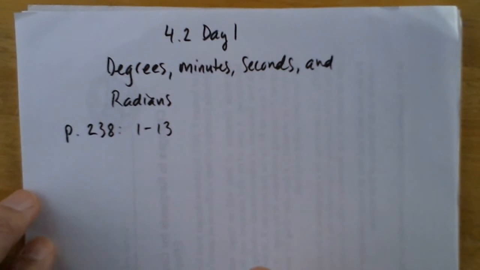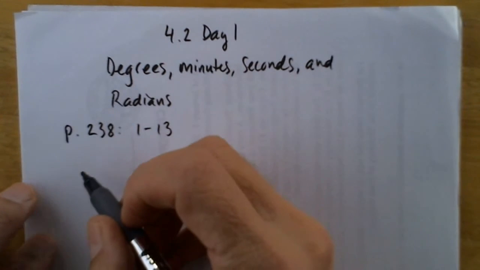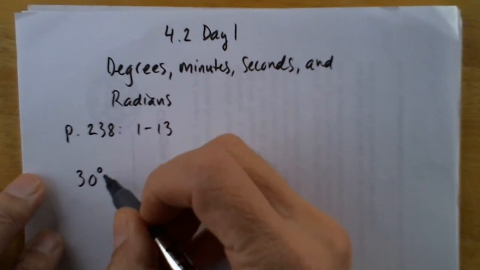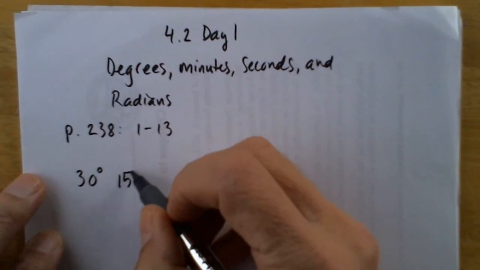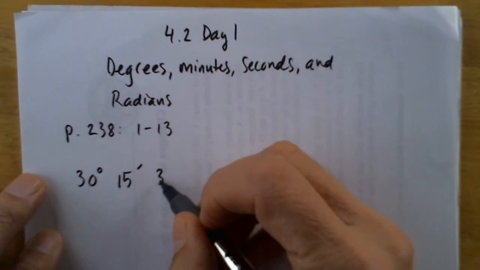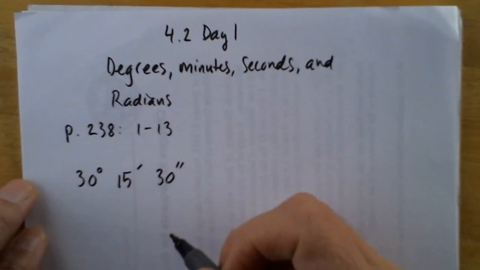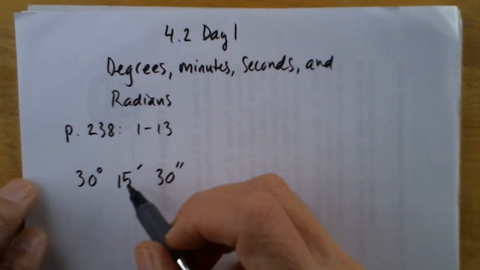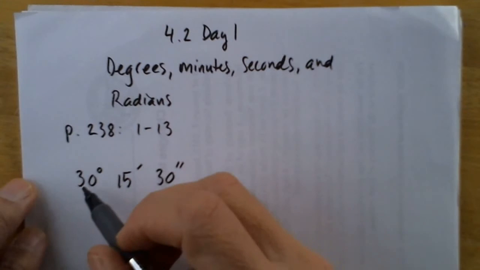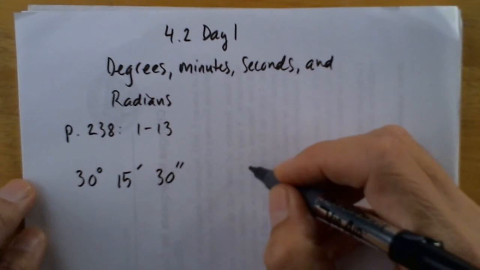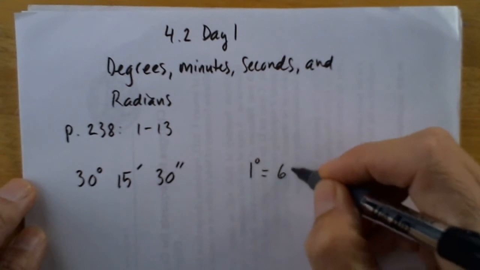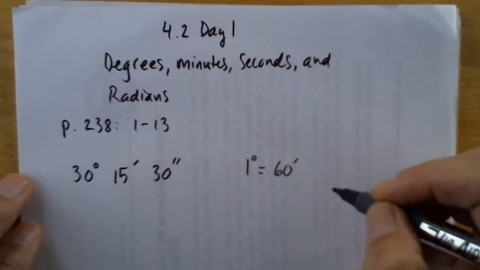So if we had something like this, 30 degrees, 15 minutes, 30 seconds. 1 minute is 1/60th of a degree. So we could say that 1 degree equals 60 minutes.